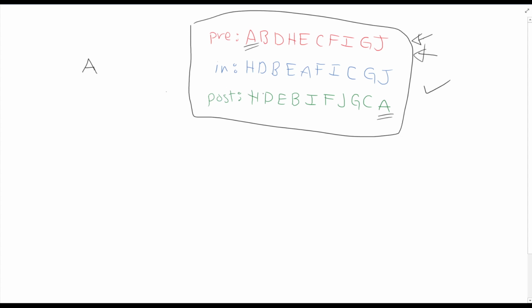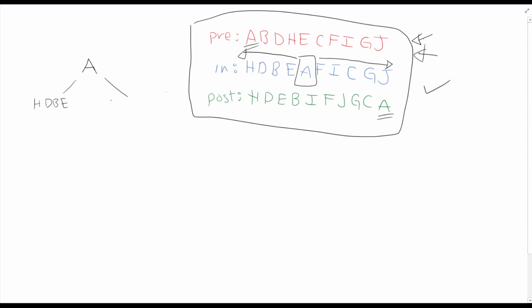Now notice the Inorder doesn't help us. The root is stuck here in the middle. So we can't find out what the root is from the Inorder, but the Inorder is critical and crucial because if we look at it here, what we'll notice is that it's telling us something. It's saying these 4 nodes, H, D, B, E, all must be to the left of A in the subtree over here.